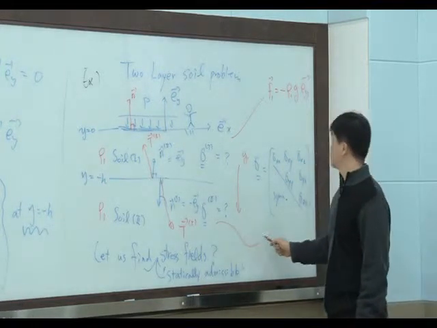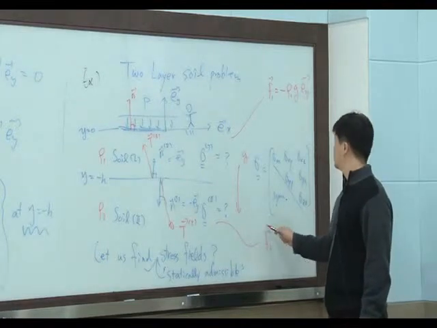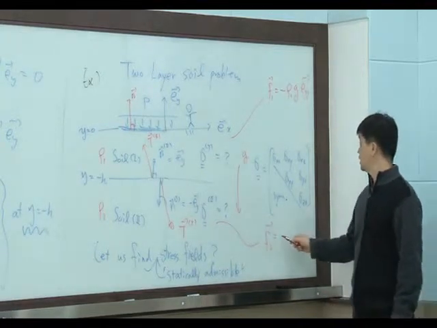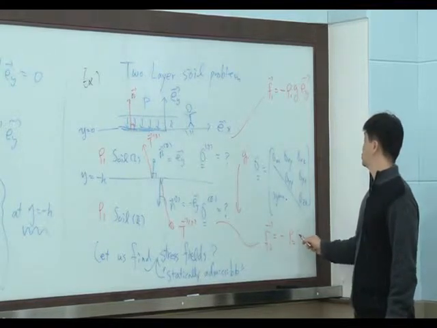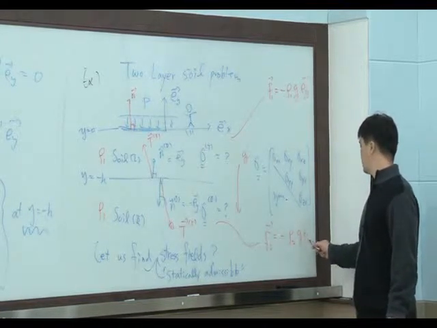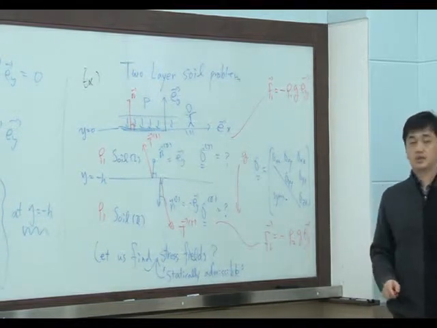F will be 0 minus rho 1 g e_y, right? How about soil layer 2? F2 equals minus rho 2 g e_y, right?